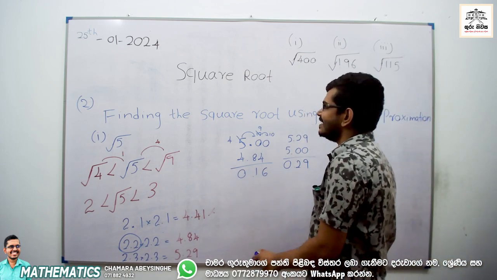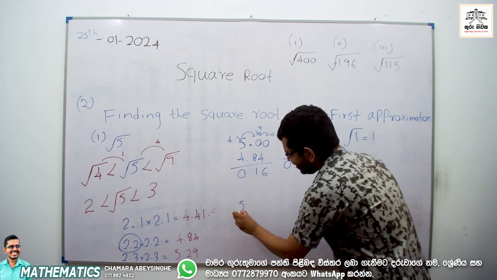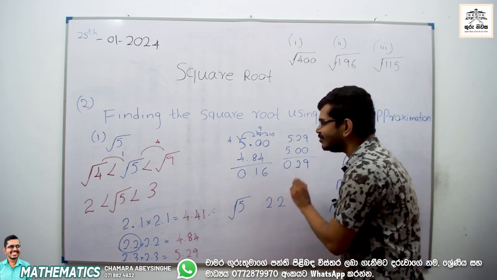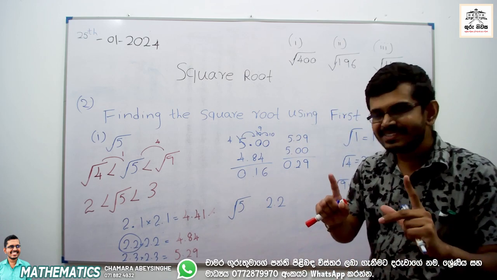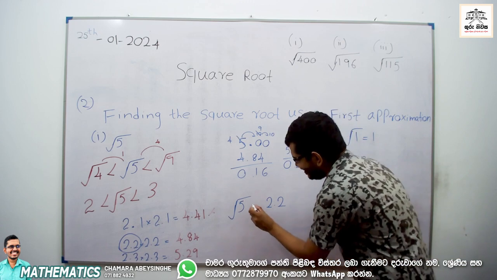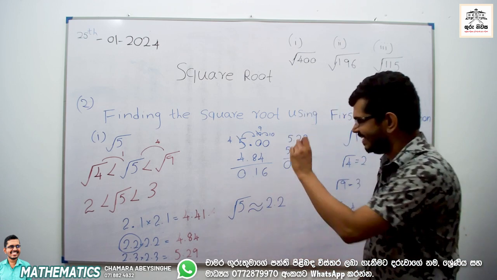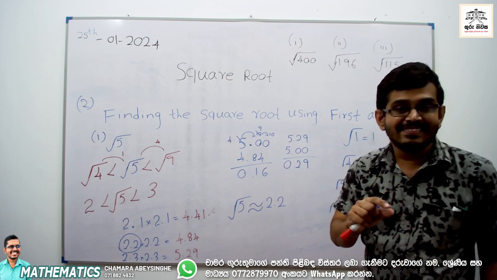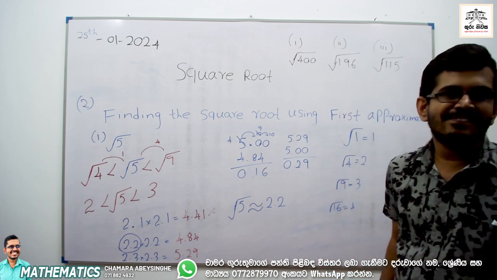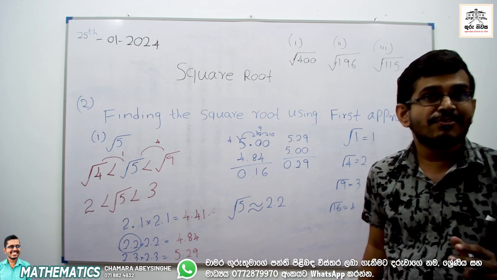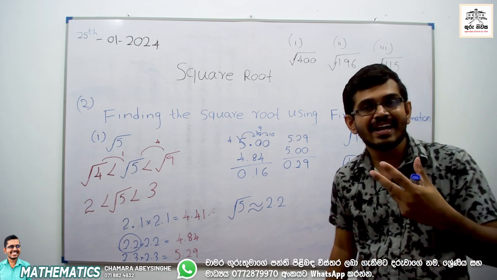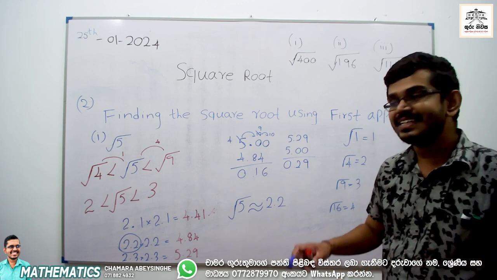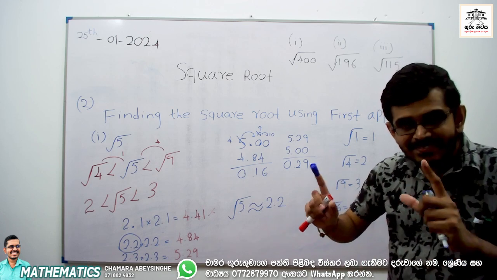So student, the value of the square root of 5 is approximately 2.2, but not equal. You should use this symbol because this is not the exact value. This is the first decimal place value. It is not like the square root of 4 being 2, the square root of 9 being 3, the square root of 16 being 4. Here we only look at the first decimal place.